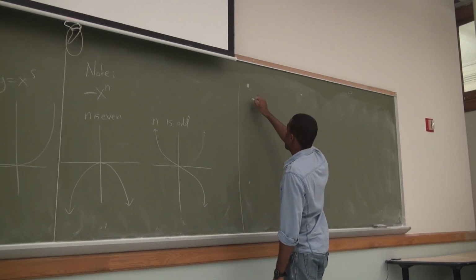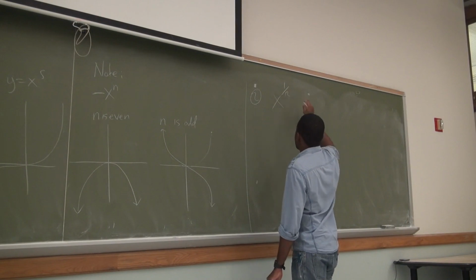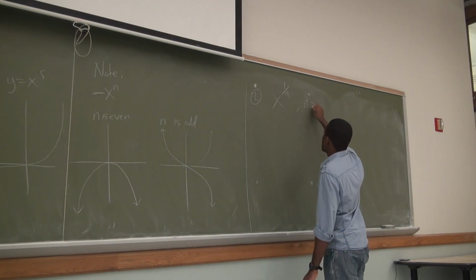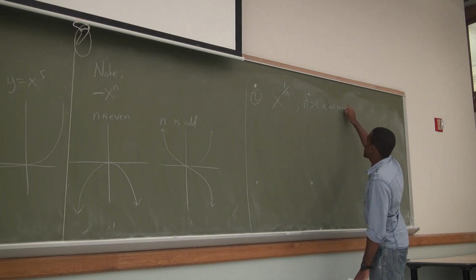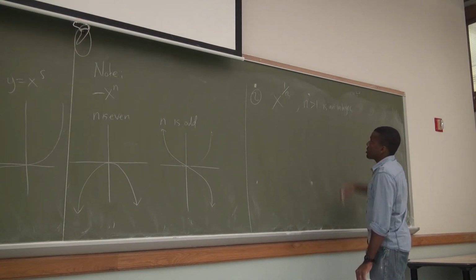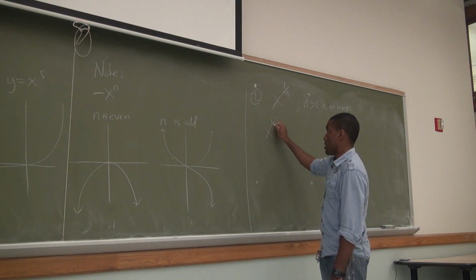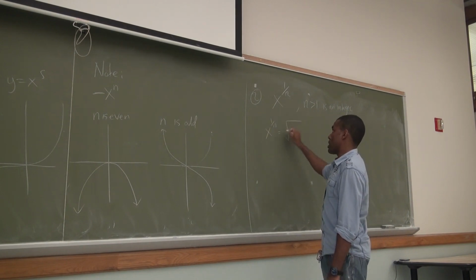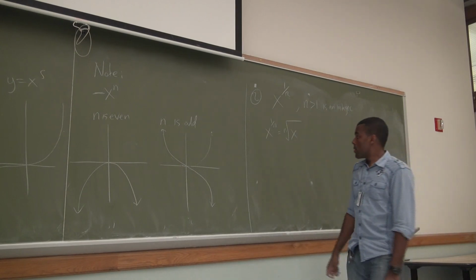There's also the second type of power function, x to the 1 over n, where n is an integer. These give you radicals, right? x to the 1 over n. We learned from algebra class that this is just the nth root of x, right? So it's just radicals.